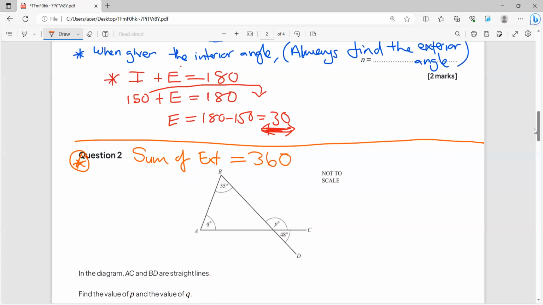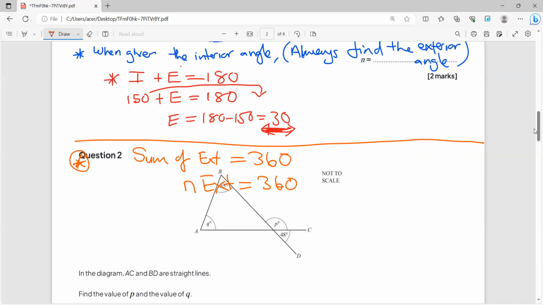It doesn't change. Whether you have a regular polygon or an irregular polygon, it's 360, isn't it? Yes, sir. And another formula to find the sum of exterior angles, if we're only interested in regular polygons, is number of sides times the exterior angles, which must give us 360.